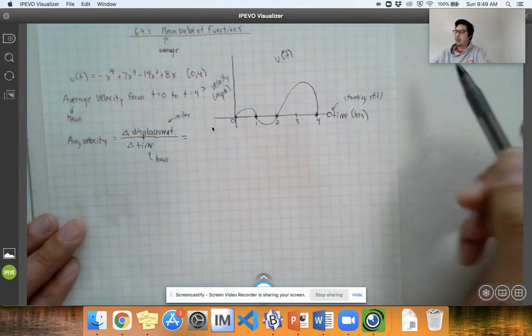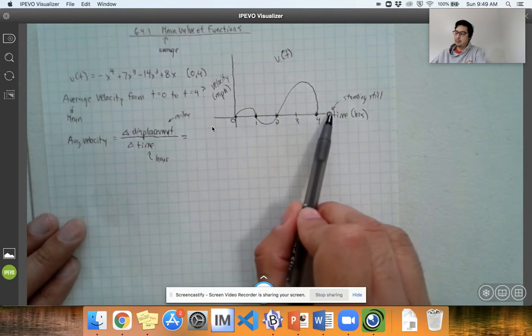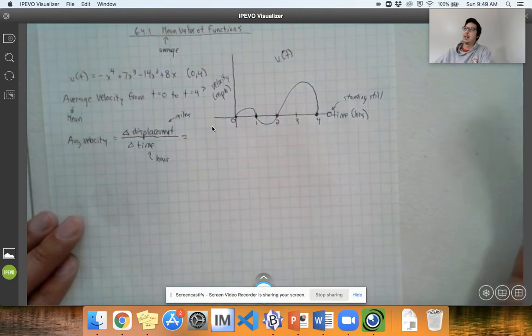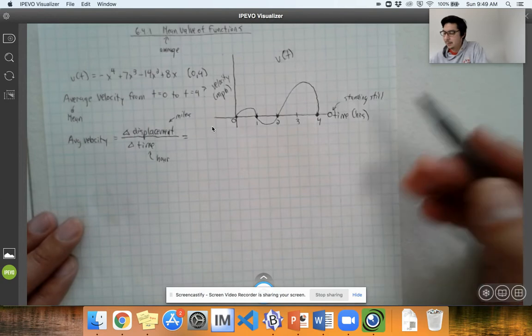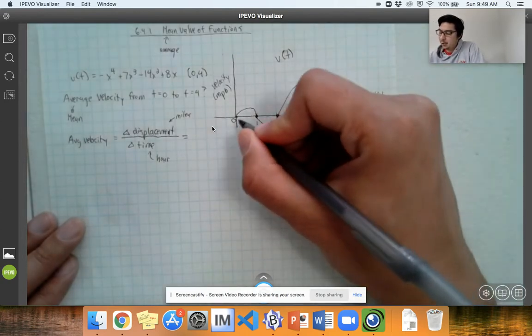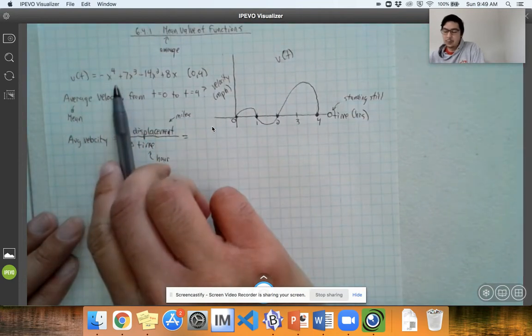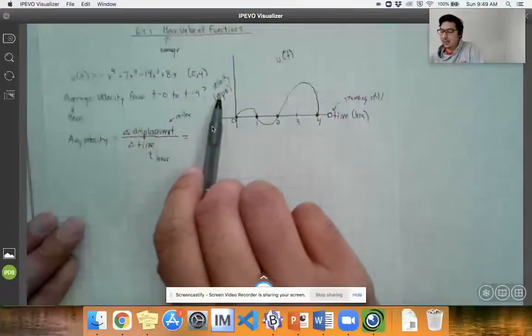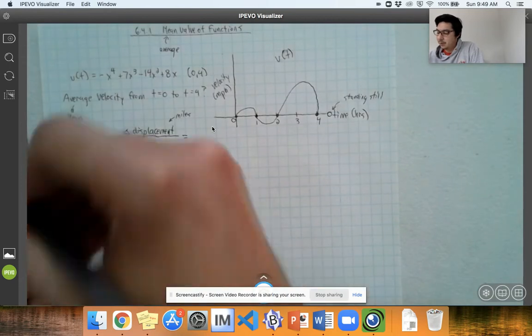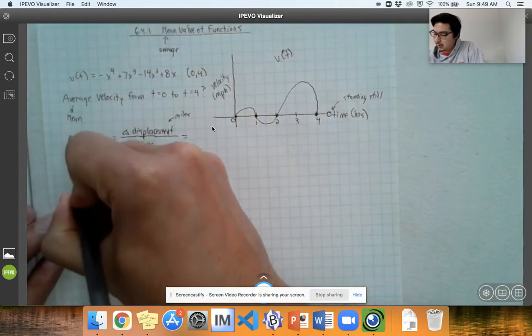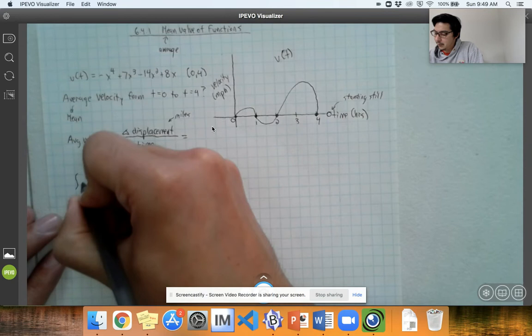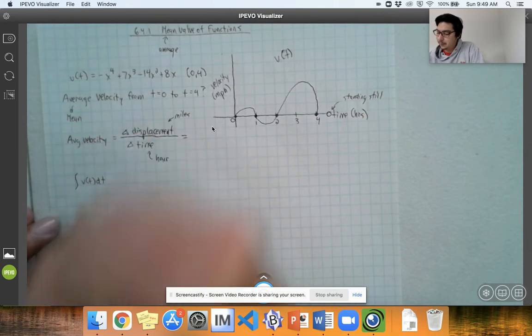How do we find how far we traveled, or not necessarily how far we traveled, but our displacement? Remember, if you want to find an accumulation or amount of anything, we have to use integrals. In this case, to get miles, we have to take the integral of this function. So to find displacement, it's going to be the integral of v of t dt.